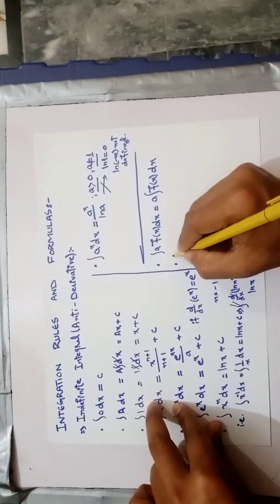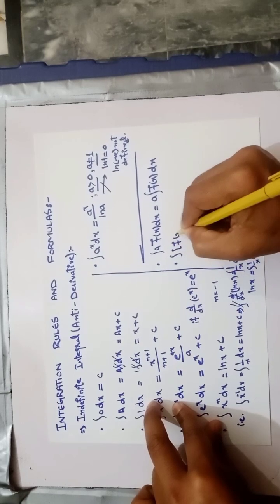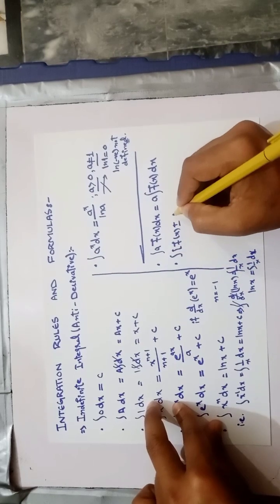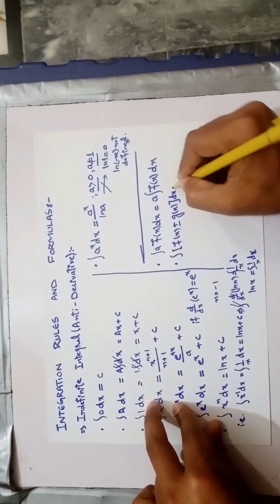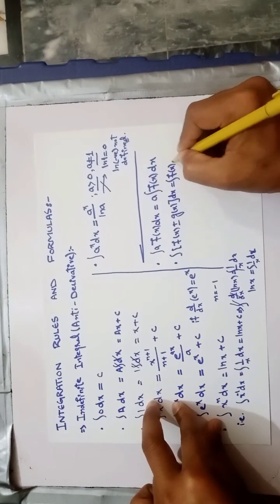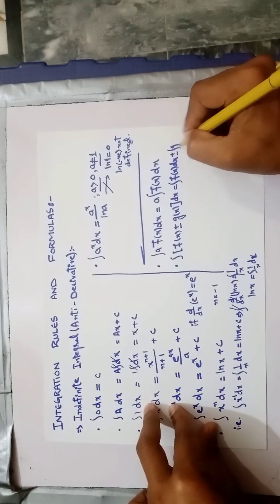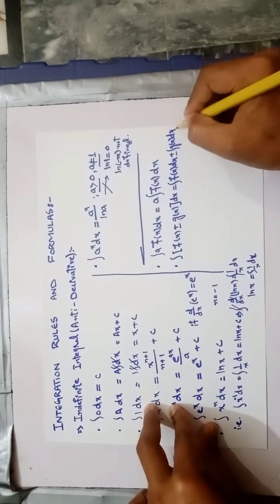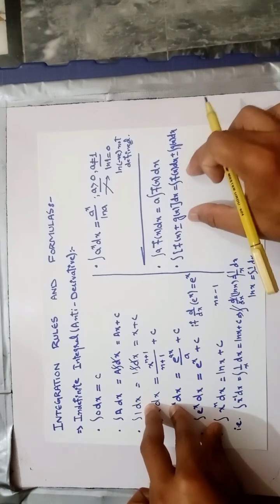There is also a property for two or more functions added or subtracted: we integrate individually, just like the integral of f(x) dx plus or minus the integral of g(x) dx. So both have the same answer.